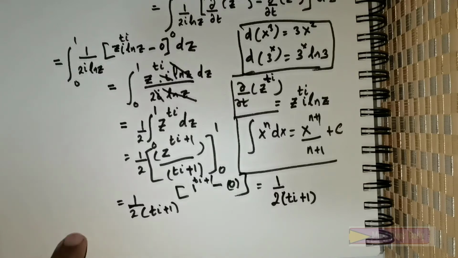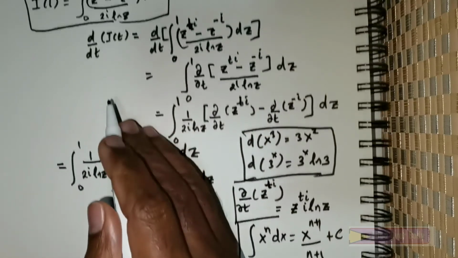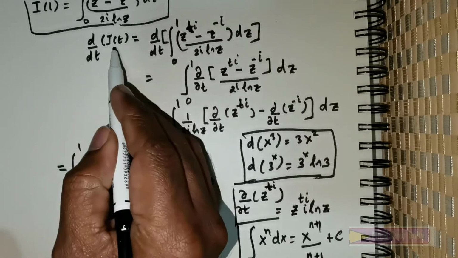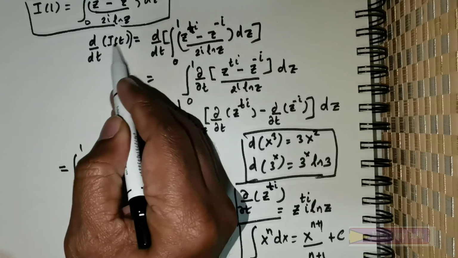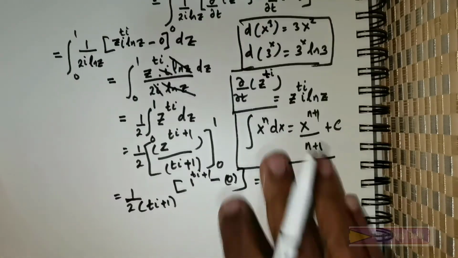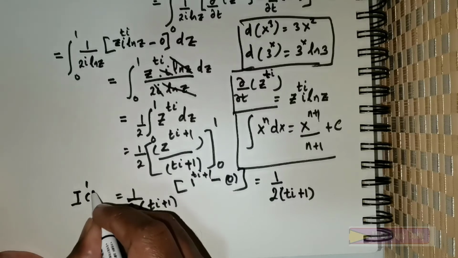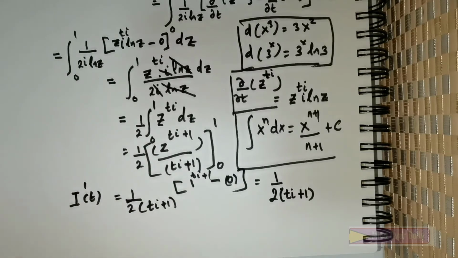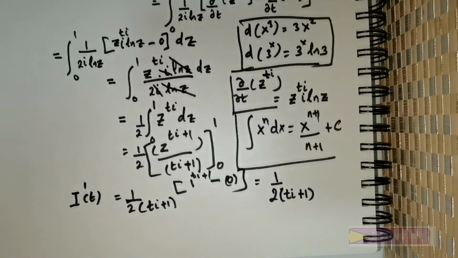Now on the left side we have d over dt of I of t. Differentiating this would actually give us I dash of t. But we don't need I dash of t. We need I of t. So how do I get it? Simple.